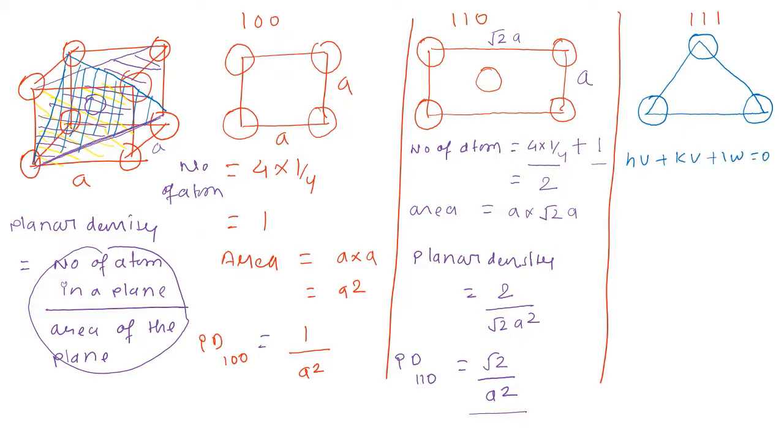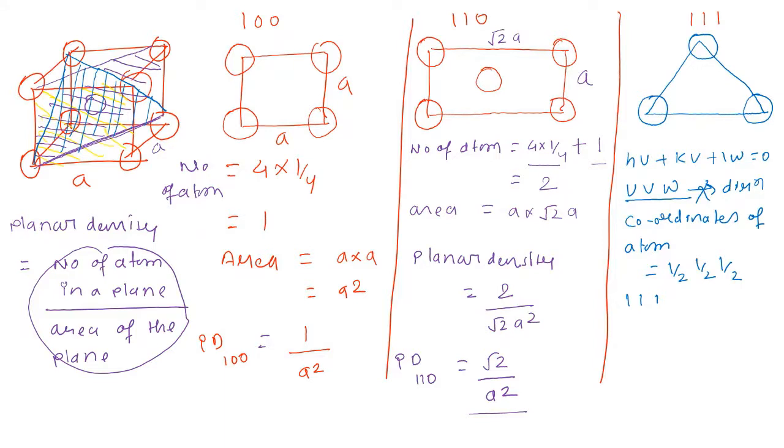If it is equal to 0, then the atom you are considering, this uvw, don't be confused, we are not talking here about the direction. We are just talking about the coordinates of the atom. The coordinate of the body centered atom is 1/2, 1/2, 1/2, and your plane is 111.